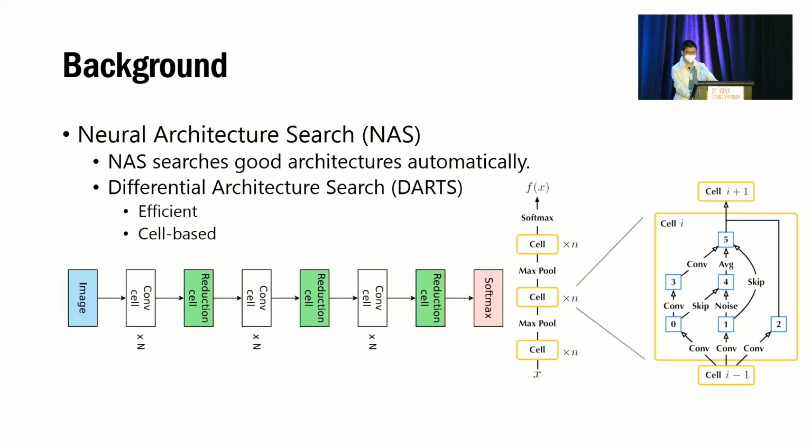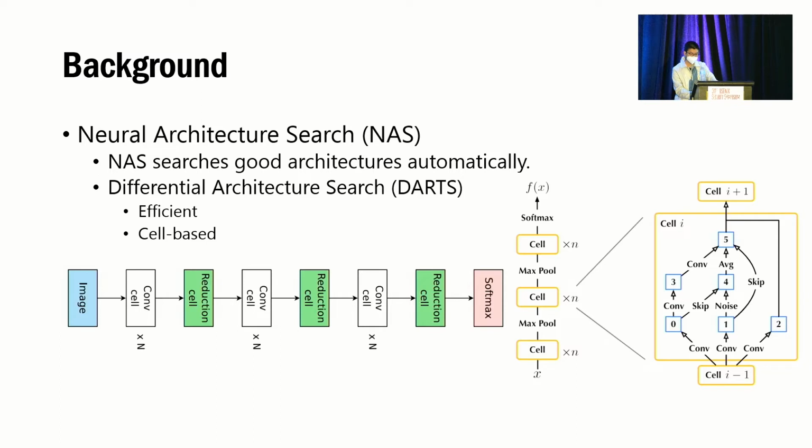So neural architecture search, which is NAS in short, searches good architectures automatically. Compared with human-designed model architectures, such as ResNet, NAS models tend to have better classification accuracy because they are optimized on the dataset.